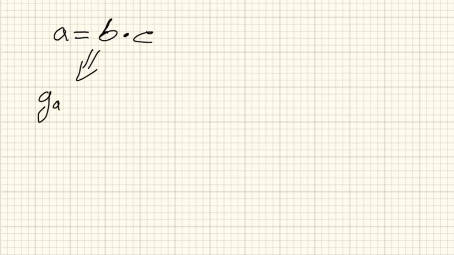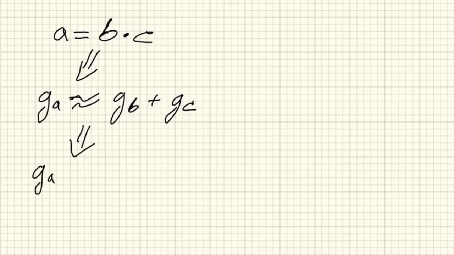Growth rate of A is approximately equal to growth rate of B plus growth rate of C. Because for small changes, this is going to be very close to exact changes, we'll treat it as exactly the same. So instead of the approximate sign, we'll just, for simplicity, do it as an exact change. All right, so G stands for growth rate.